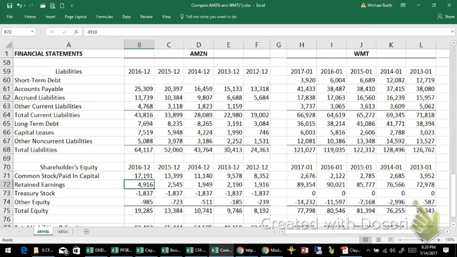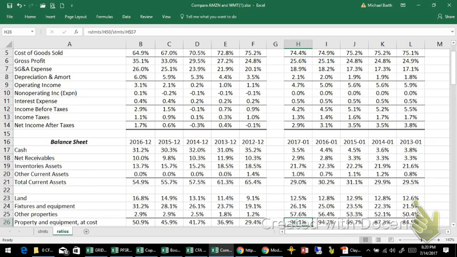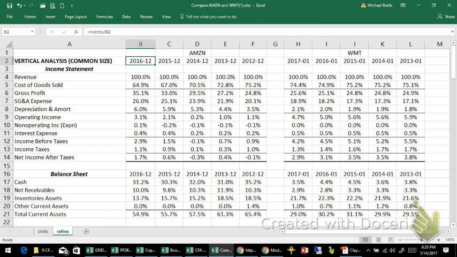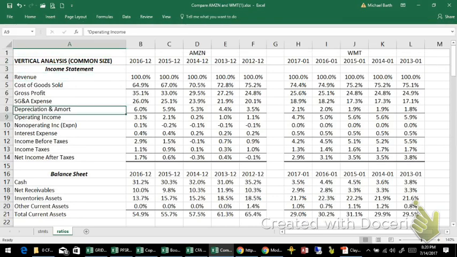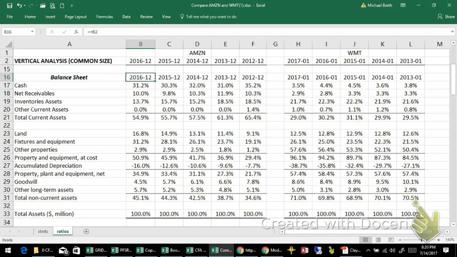Now I already did the calculations, and they're in this second spreadsheet, which you have access to, that's out on Blackboard.